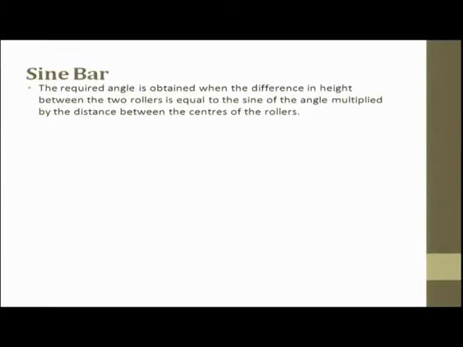The required angle is obtained when the difference in height between the two rollers is equal to the sine of the angle multiplied by the distance between the centers of the roller.